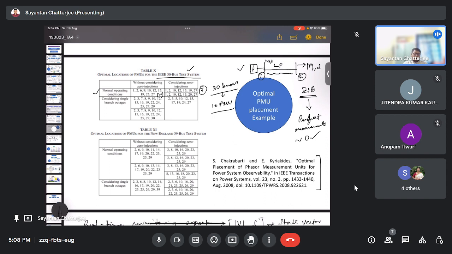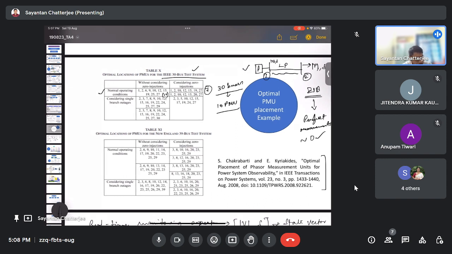Using only 7 PMUs, the entire system of 30 buses is observable. So this is the main usability of optimally placing the PMUs. And if outages are considered, then the PMUs required would be higher. Not all the buses would need PMUs; it is based on their connections or the topology.